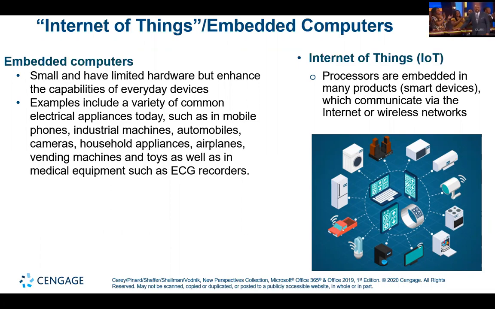The list goes on and on. Vending machines. When they started to actually look at what they were doing when they embedded these computers, they had to come up with a terminology for it. So they call it the Internet of Things. These are processors embedded in many of the product's smart devices, which communicate via the internet or wireless network.